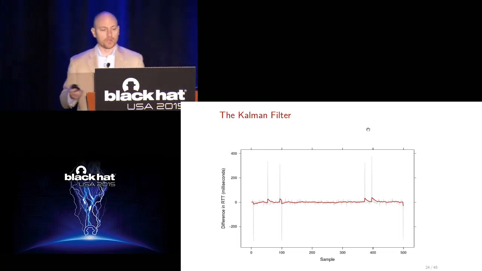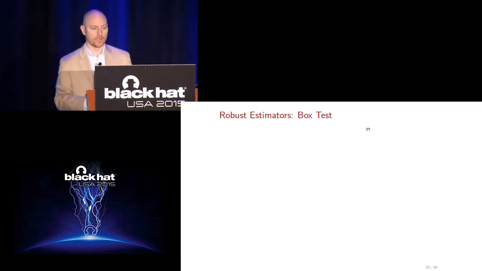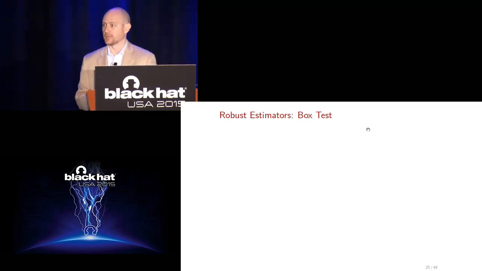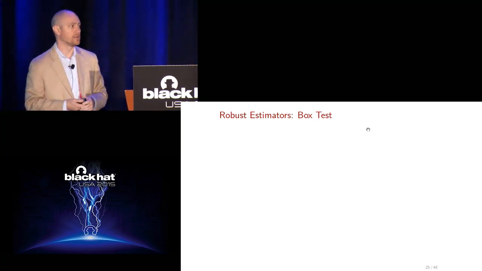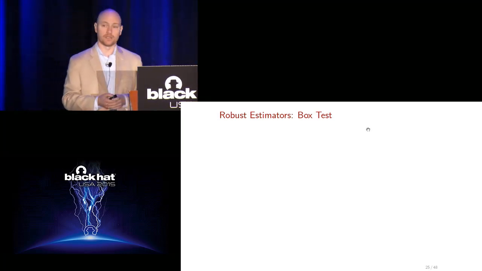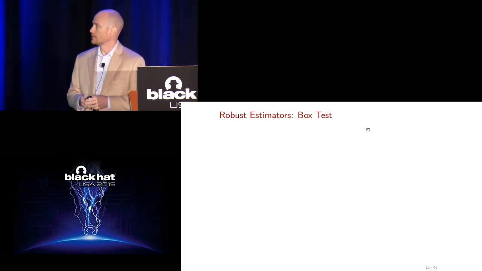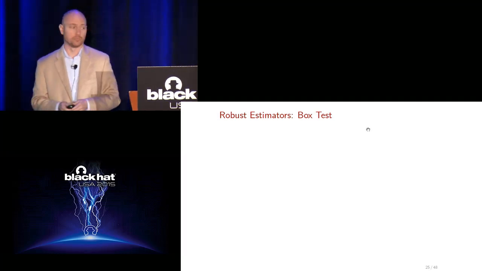The next thing we wanted to try were a series of robust estimators. We started with a box test, which Meyer and Sandin discussed last year here at Black Hat. Now, the box test is actually quite simple.